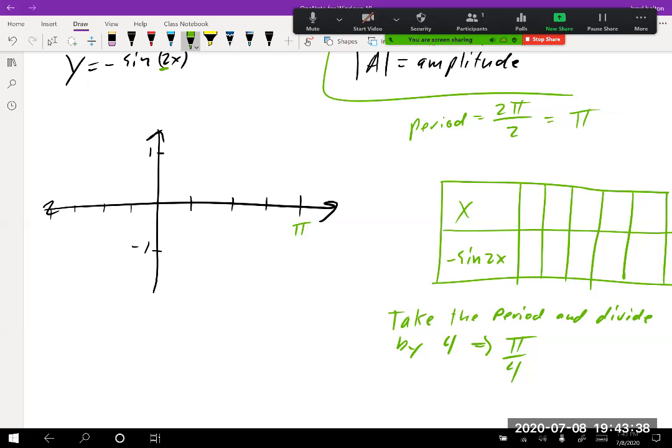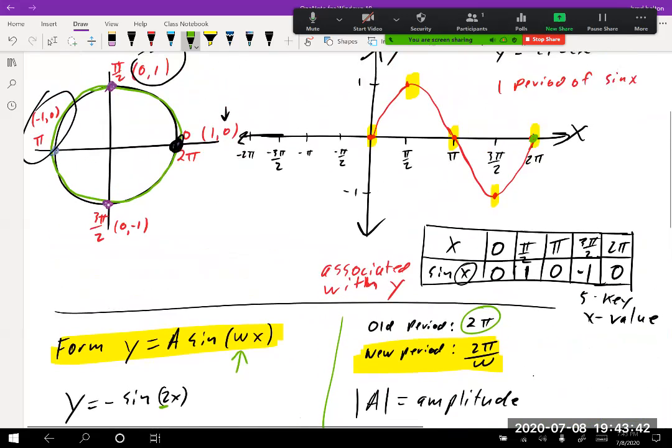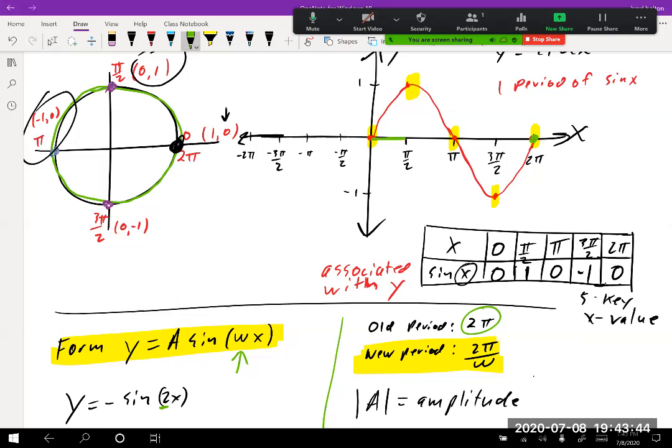That's how big each of the intervals in between is. You see how from here to here was pi halves, from here to here was another pi halves, from here to here was another pi halves, and from here to here was another pi halves. So that interval, when it goes from increasing to decreasing, or crossing the x-intercepts, any of those key values, had a pi halves in between them. And that was because the period was 2 pi divided by 4, which is pi halves.